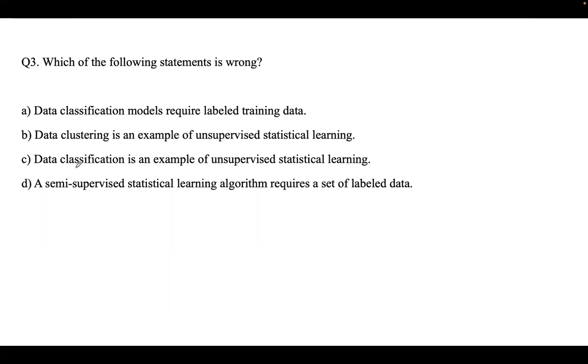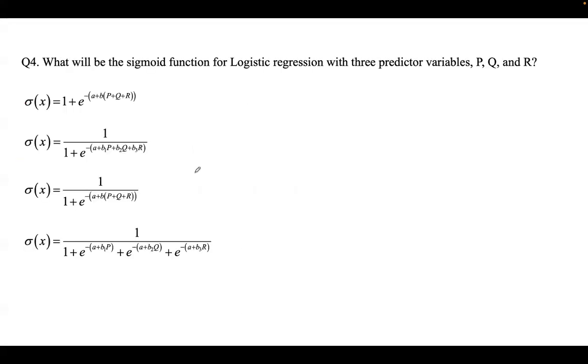See, so when you classify data, so classification is a form of supervised learning actually, because you have metadata, right? So yes, so option C is incorrect here. Good. Okay, now we have three predictors, P, Q, and R, and we want to fit a logistic function, sigmoid function, for logistic regression.